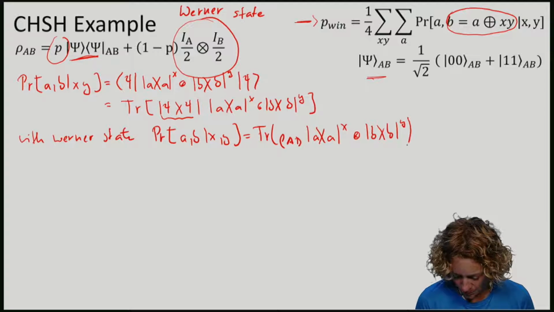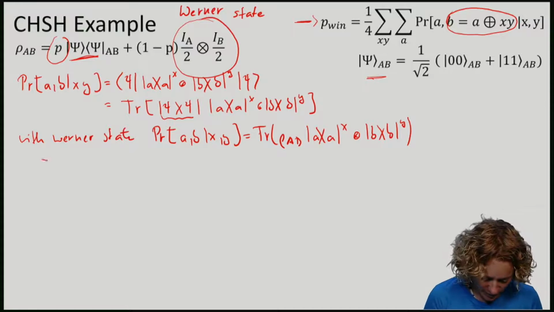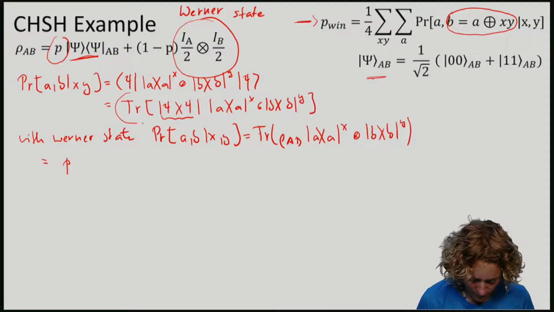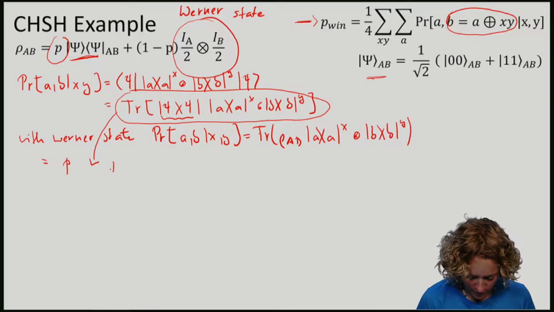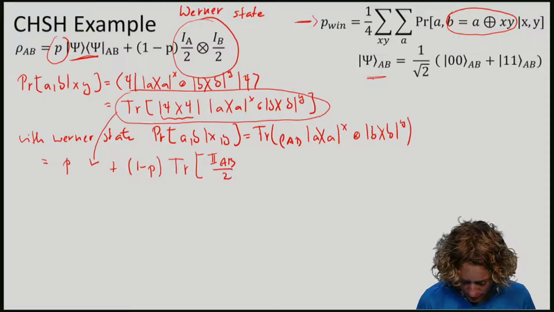So note that the trace is linear, so I can just write this as P times the probability on the maximally entangled state, namely this one, plus 1 minus P times the probability on the maximally mixed state.